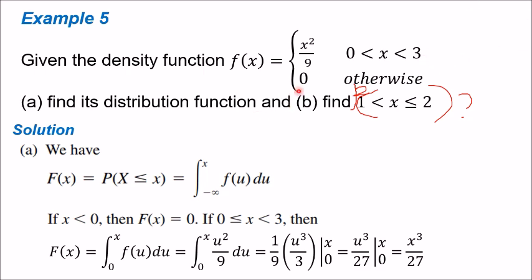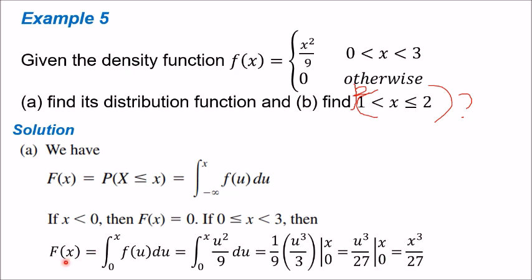So let us start. If x is less than 0, then f of x is 0, because otherwise it is 0. If x is from 0 to 3, we use our function, x squared over 9, since that is what is written there.